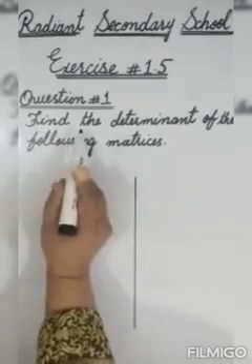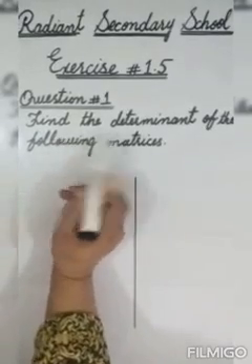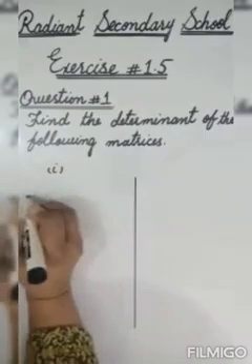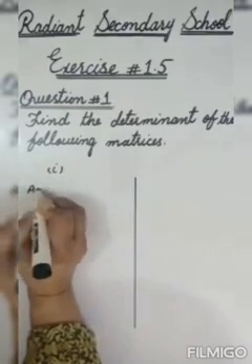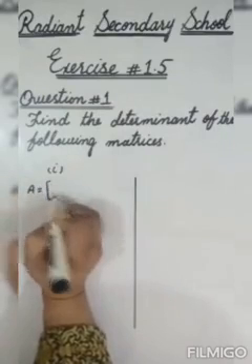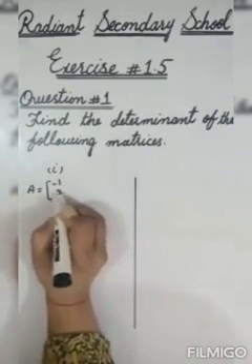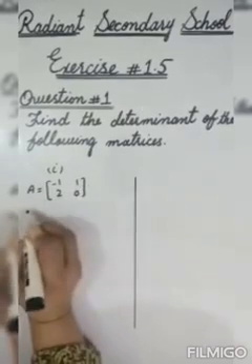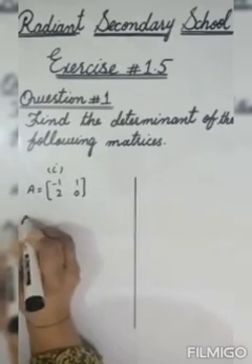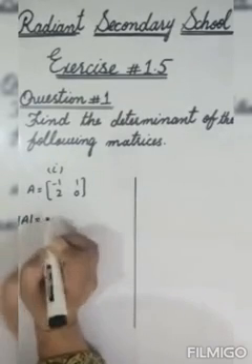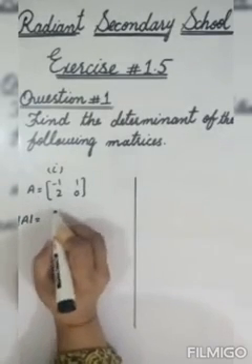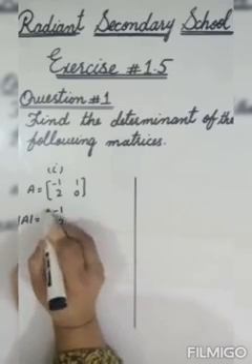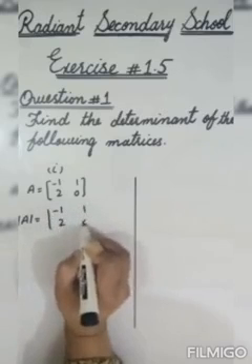Question number 1 of exercise 1.5 is: find the determinant of the following matrices. Part 1: A is equal to minus 1 2 1 0. Determinant of A is represented by A mod, and after this we change the brackets into straight lines.